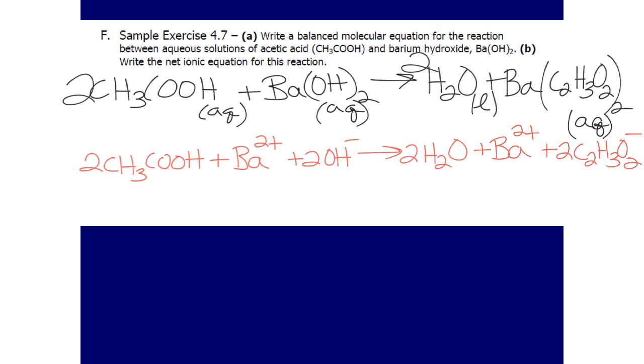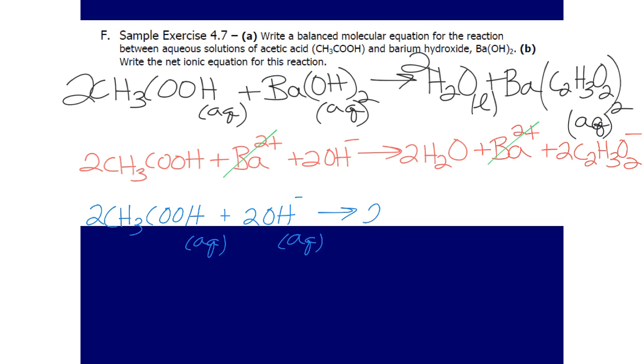All right, now we need to cancel out any of our spectator ions. So that would be just barium. And then we are going to rewrite our net ionic reaction. So we have 2 moles of acetic acid plus 2 moles of the hydroxide ion.